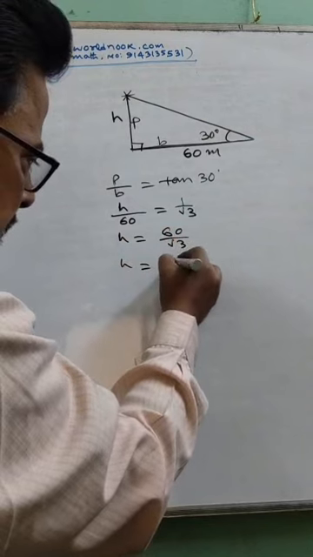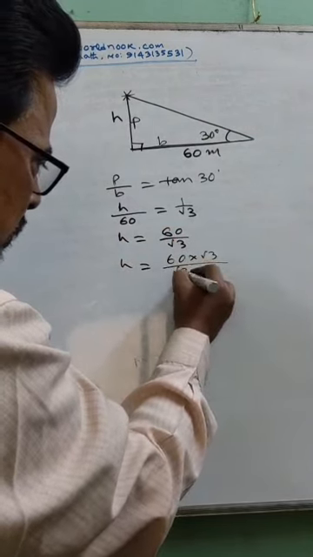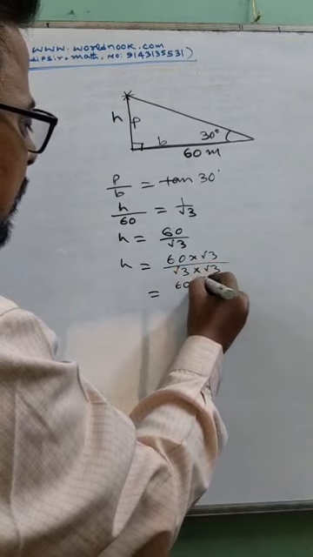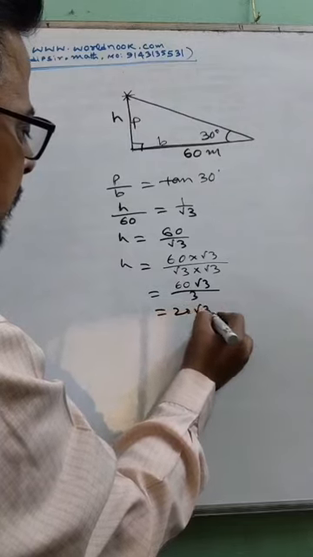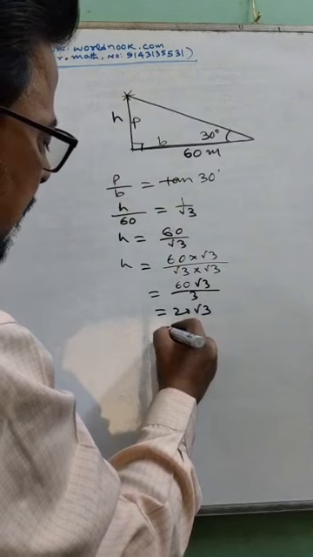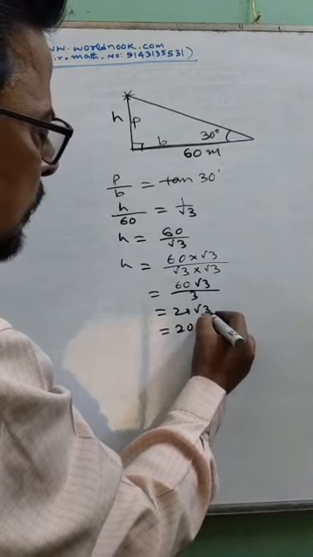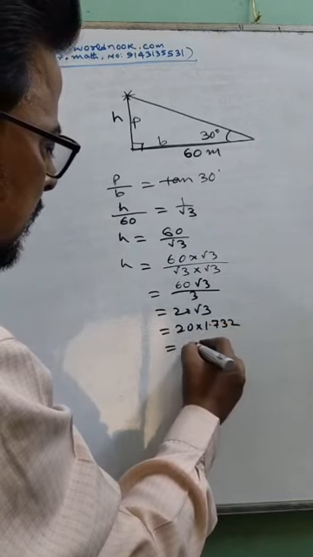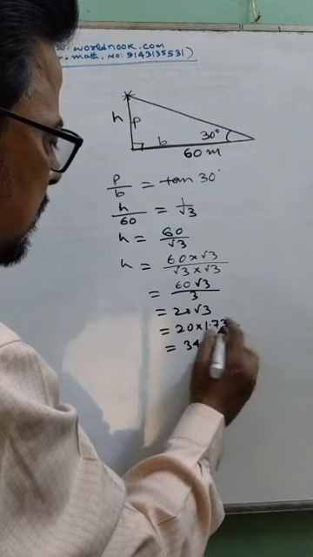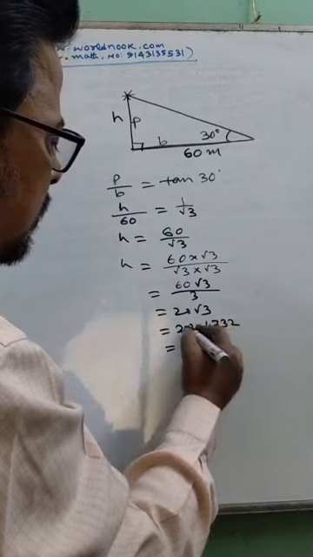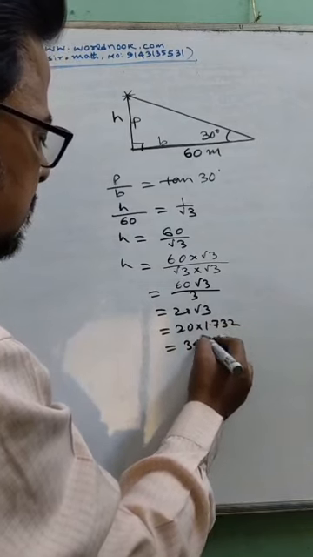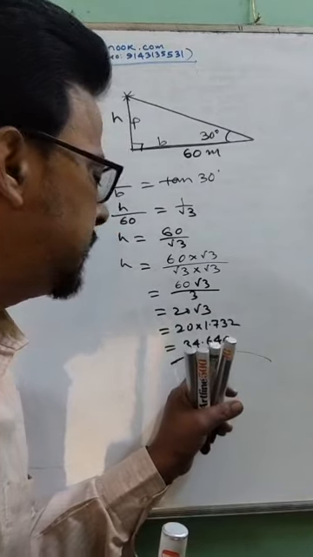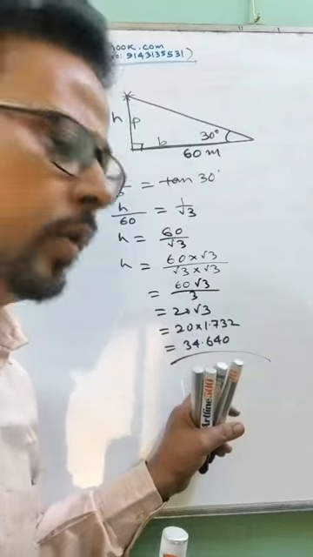Rationalizing, 60 into root 3 by root 3 into root 3, this will be 60 root 3 by 3, that is 20 root 3 meters. The value of root 3 in decimal form is 1.732. Putting this value, it will be 34.64. So the height of the tree is about 34.64 meters.